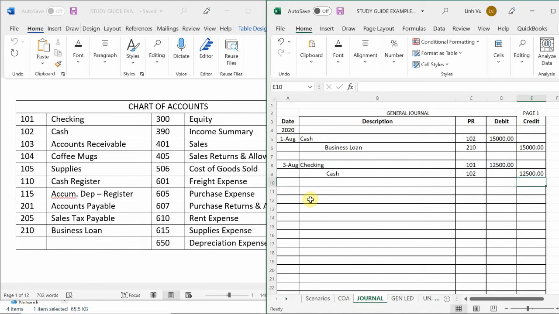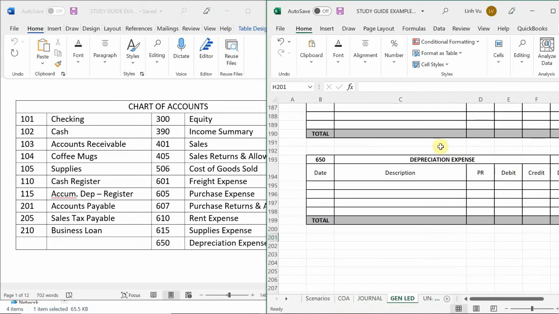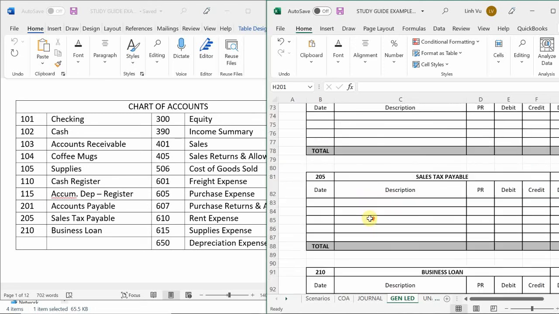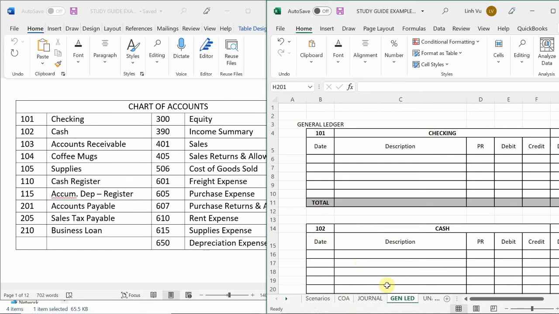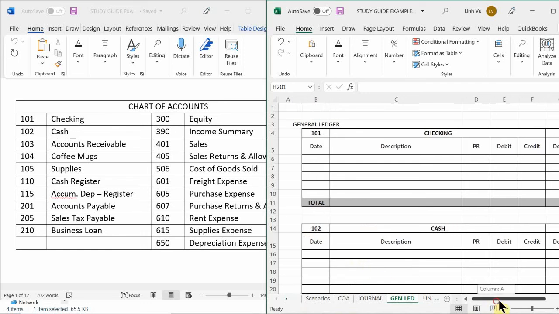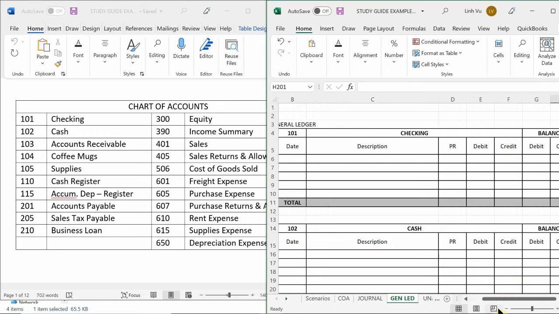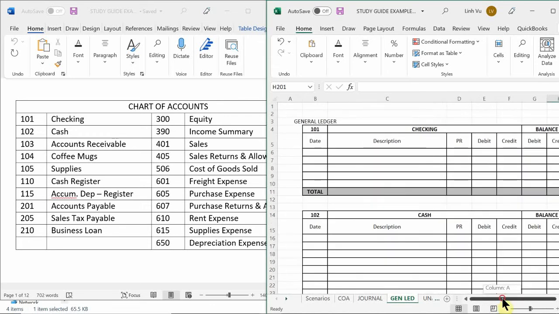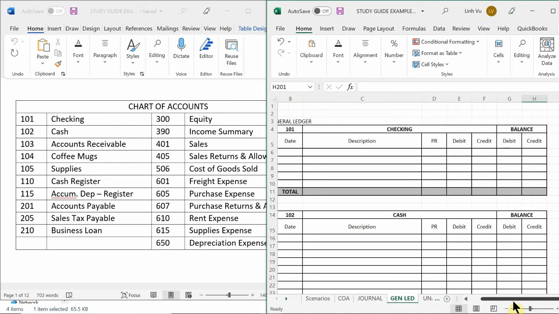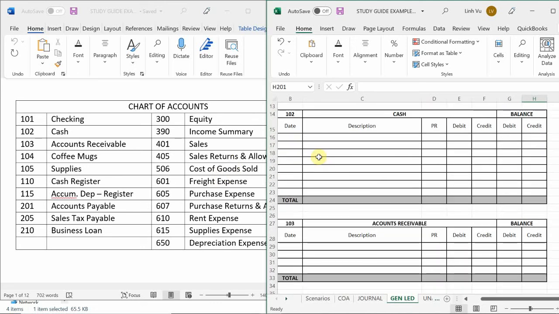Okay, 12,500. Right? Now, every journal that I want you to do, I also want you to follow the lines of also placing it into the ledger as well. So I want you to do it exactly how we did it in class. So in this case, let me go ahead and rewind and plug all my numbers back in here. So we got the first journal that we did was business loan and cash.